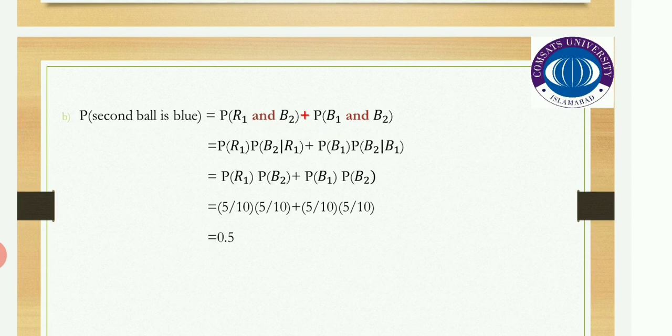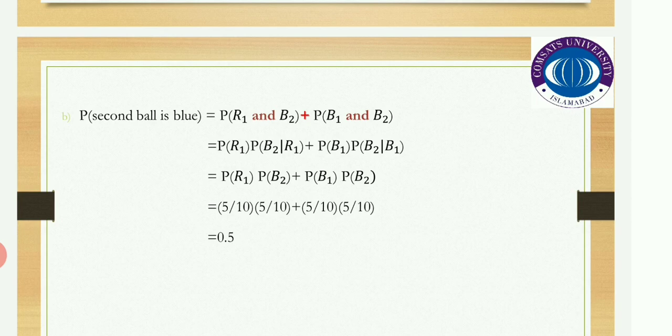By applying the multiplicative law, what will we get? Probability of R1 into probability of B2, given that R1, plus probability of B1 into probability of B2, given that B1. As the events are independent, as we know that when we draw the first ball, we will replace it before drawing the second ball.